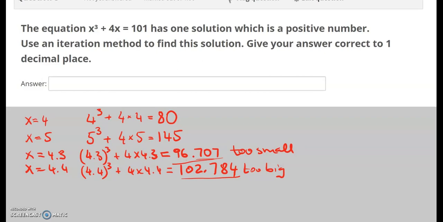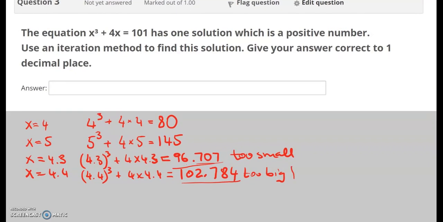The difference between 96.707 and 101 is about 4.3, whereas the difference between 102.784 and 101 is about 1.8. So as you can see, this one is closer to 101. So we'll write 4.4 as the final answer.